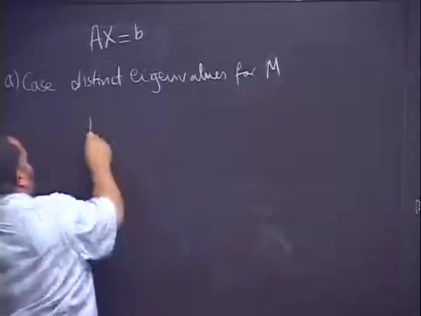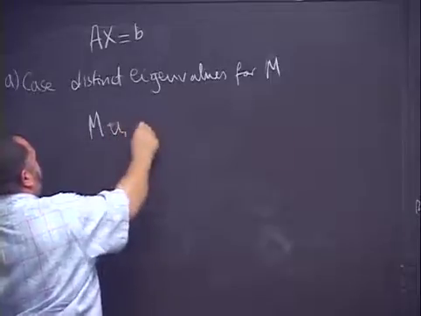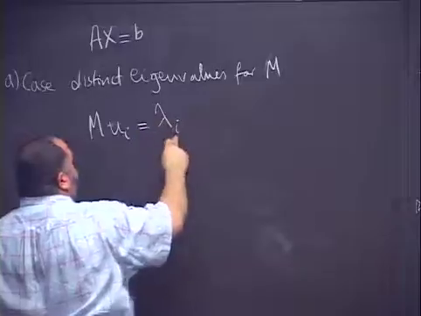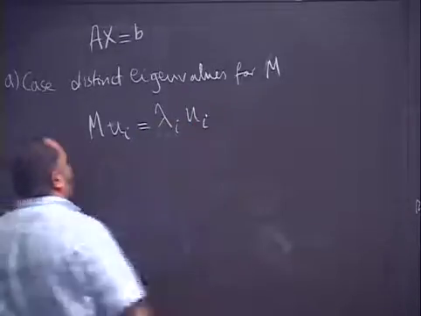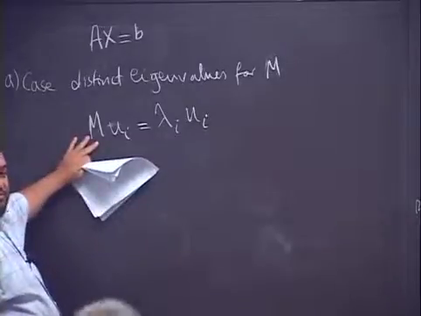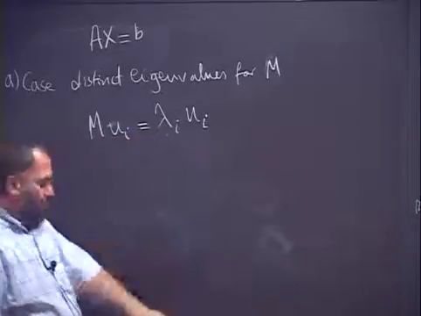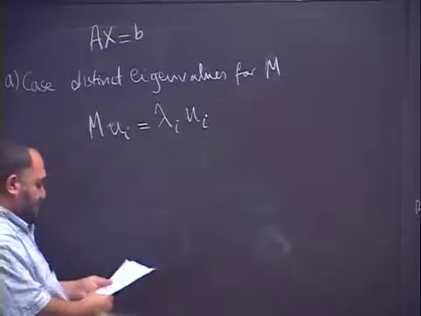So in this case, I can write the matrix M applied over the eigenvector Ui equal to lambda i multiplied by Ui. So this is just the eigenvalue problem. So Ui is the eigenvector i, and lambda i is the corresponding eigenvalue i. So this is the eigenvalue problem here.